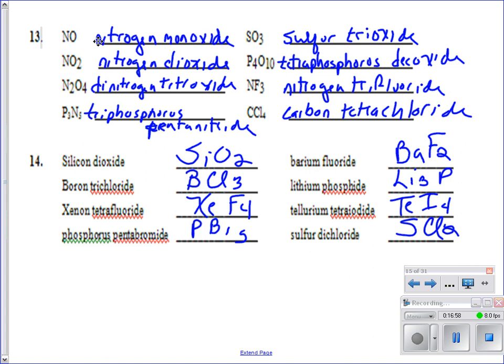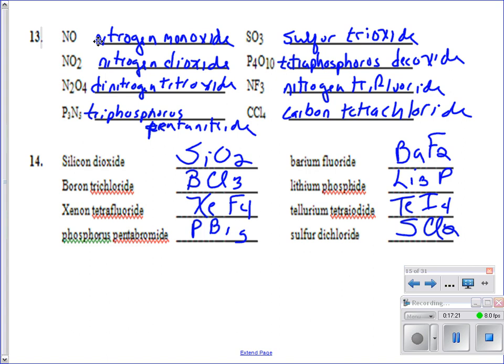You can have a whole bunch of different compounds, like here, NO, NO2, N2O4, all of the same thing. So that's why we have to use the prefixes. Whereas with the metals, they're pretty much limited on what charge they're going to have. And therefore, if the nonmetals are going to make ions, then they're going to be limited.